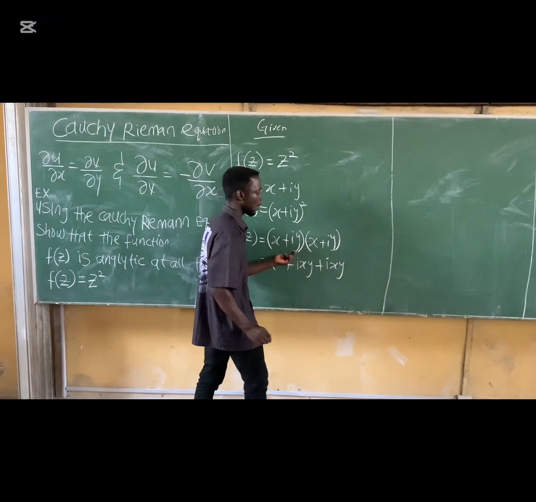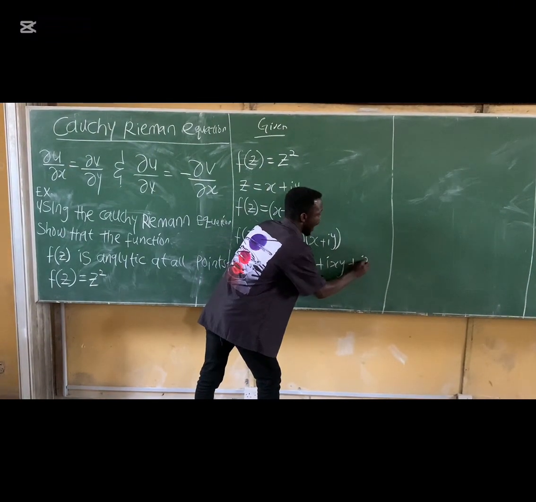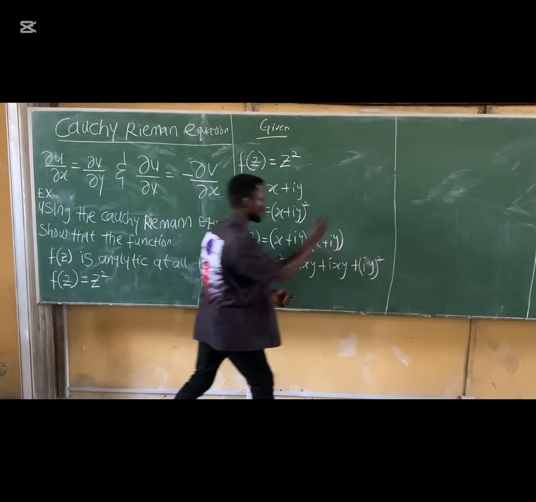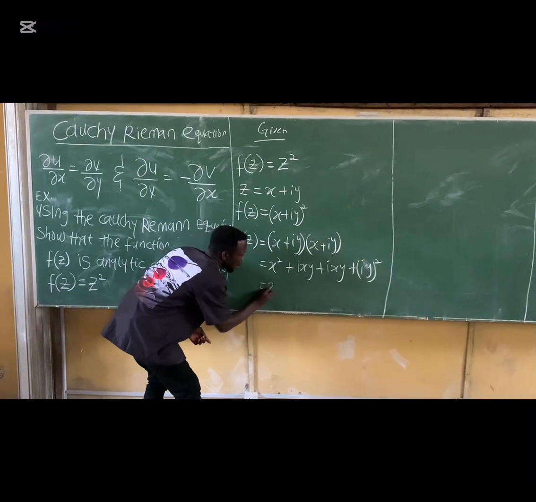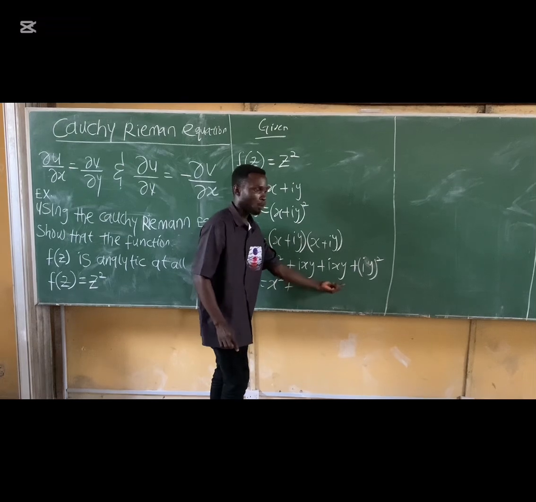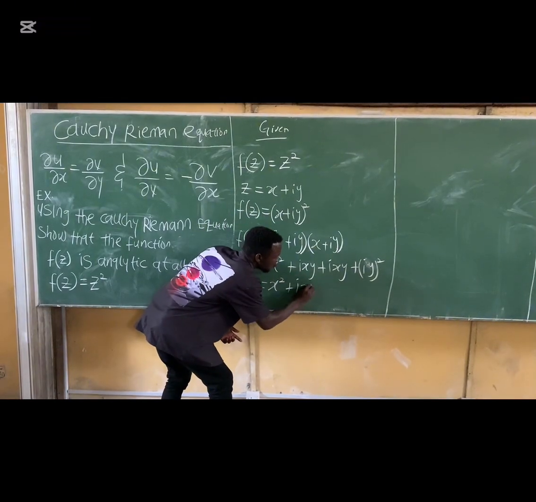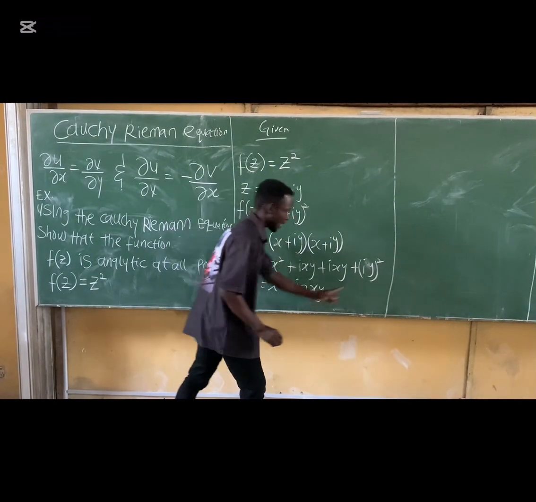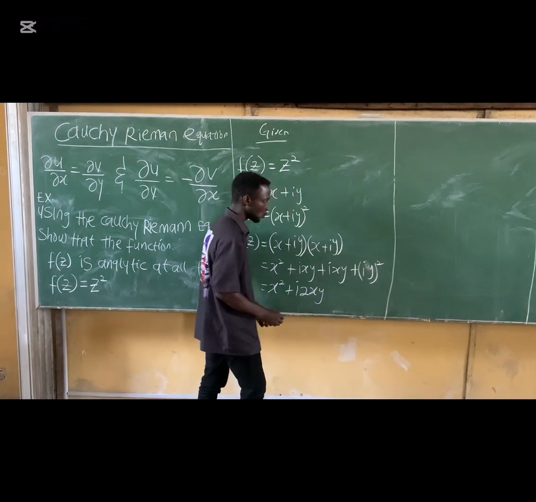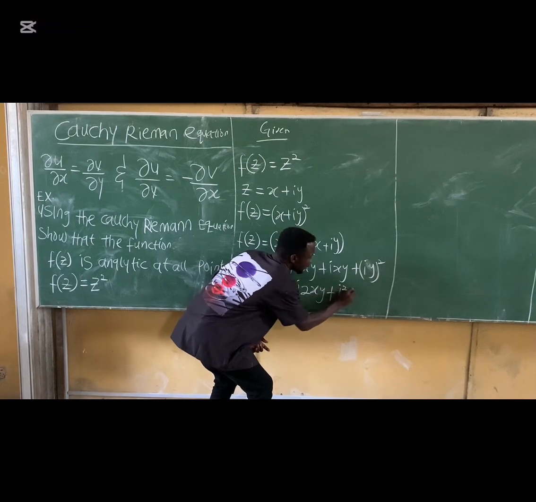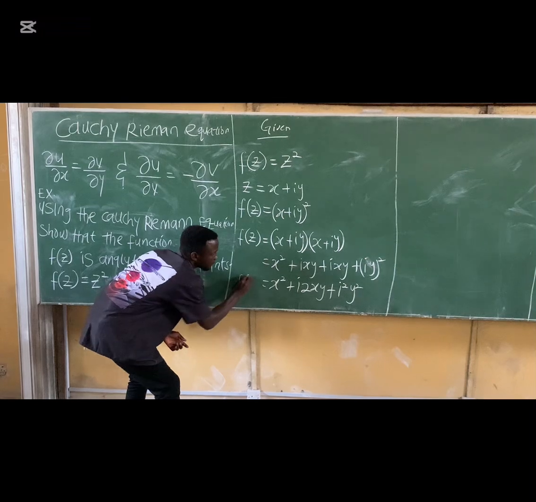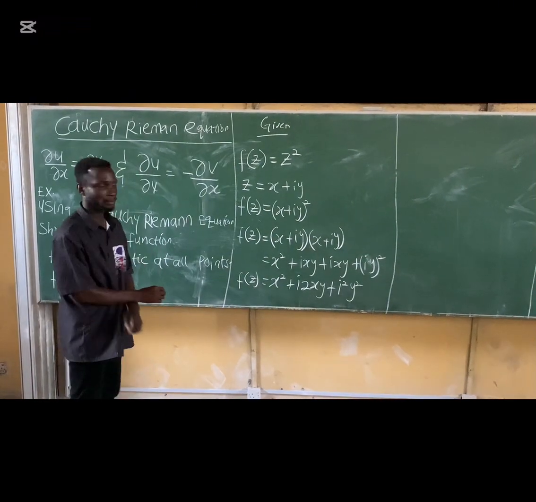Iy times iy gives us i squared y squared. So this gives us x squared plus ixy plus ixy, which is i2xy. Now we are left with (iy) squared. If we open this bracket, this gives us plus i squared y squared.